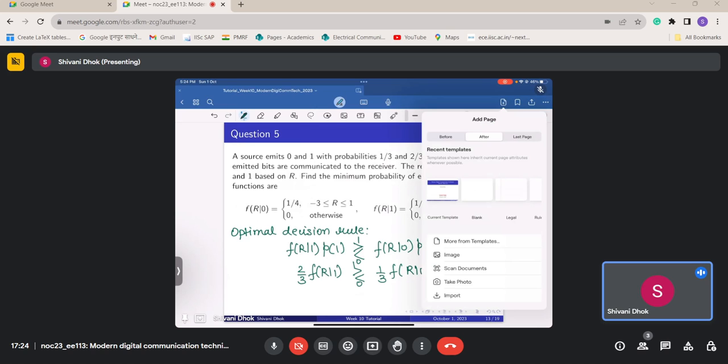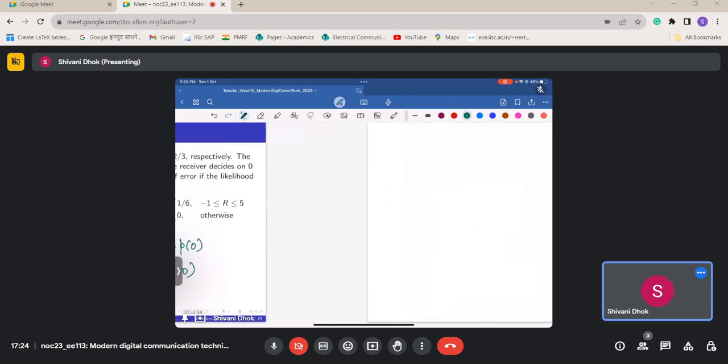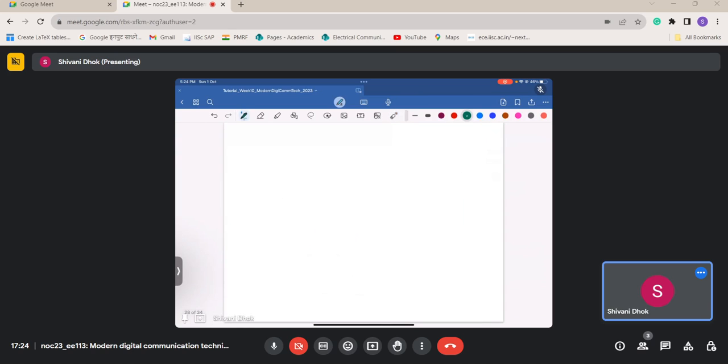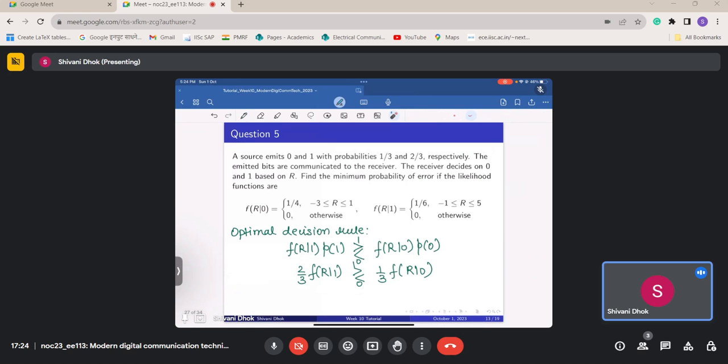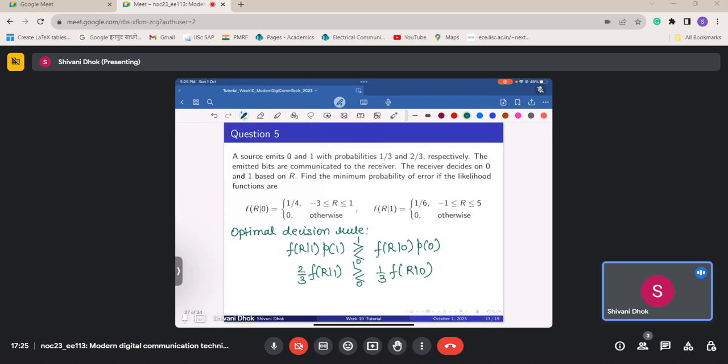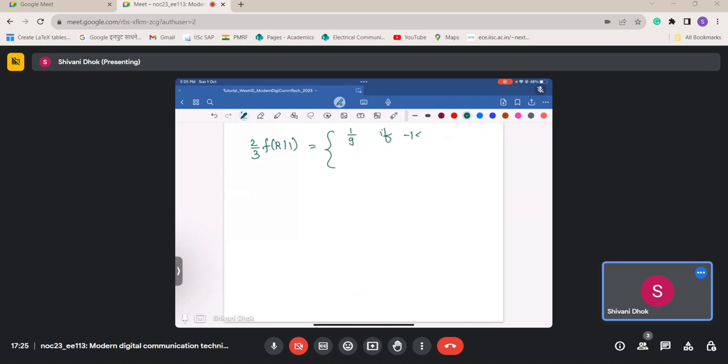So now let us look at these two quantities individually. Let us look at 2 by 3 into f of r given 1. This is equal to 2 by 3 into 1 by 6, which comes out to be 1 by 9. So this is equal to 1 by 9 if my r lies between minus 1 and 5, and this is equal to 0 otherwise.